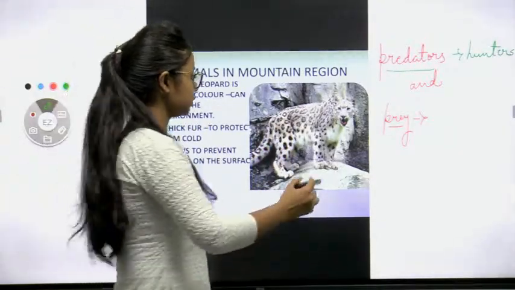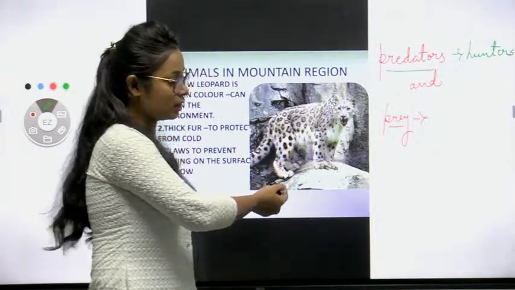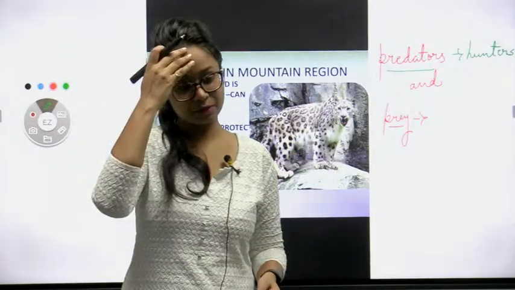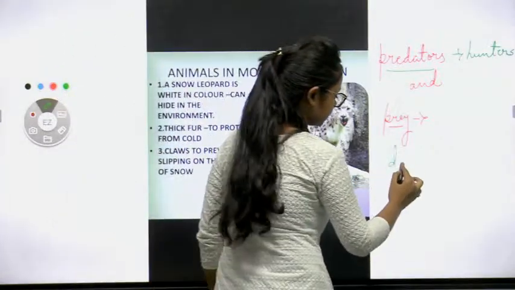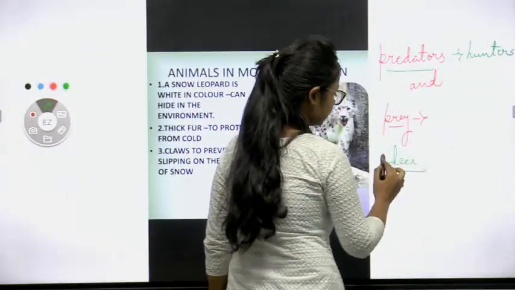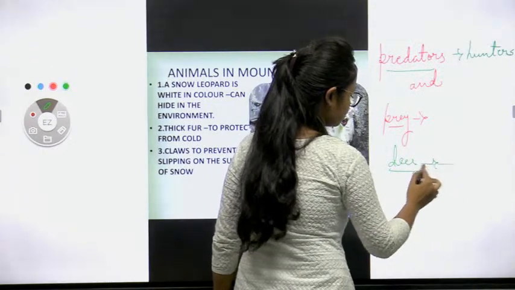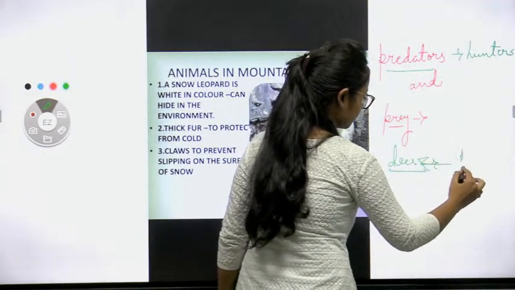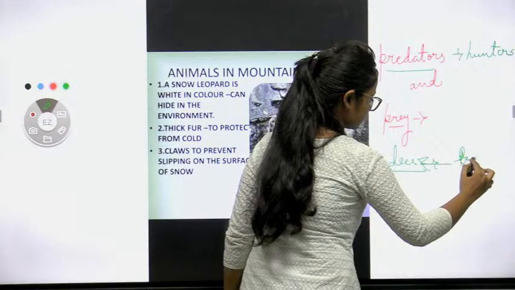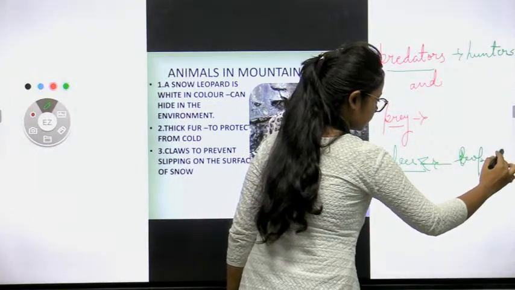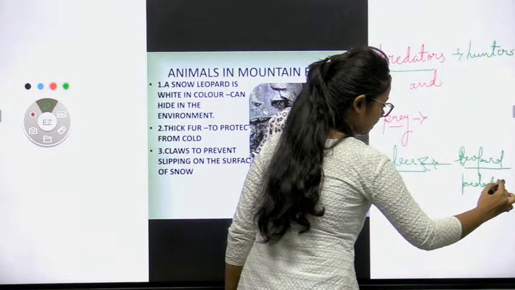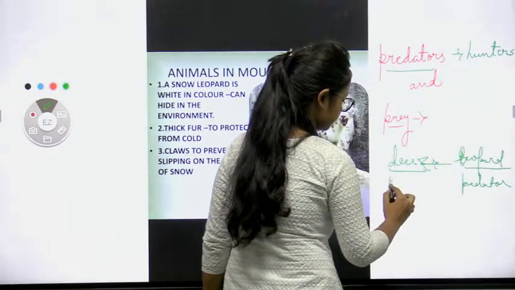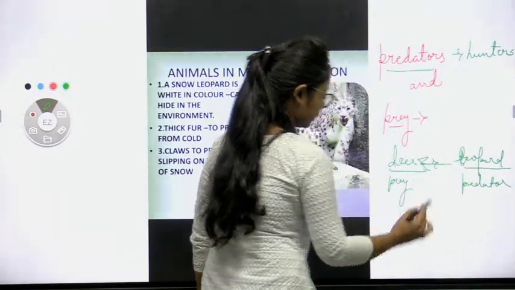Okay, for example, you all know they are carnivorous animals, so if they eat a deer, that deer is the prey, and this is the predator.